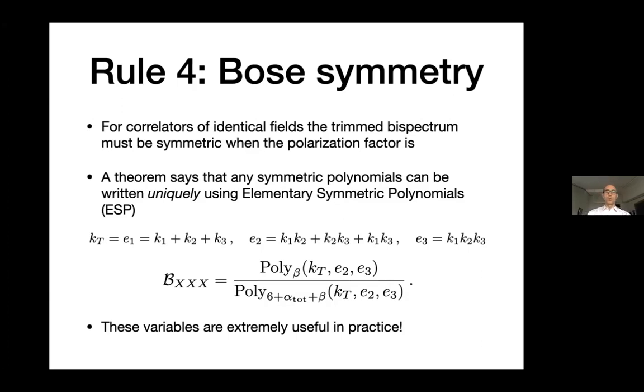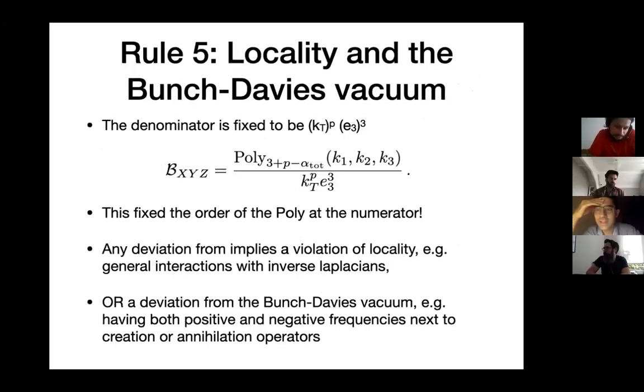And then there are 2 more elementary symmetric polynomials that I'm going to call E2 and E3. And they're just the product of all possible pairs and triplets of momenta. What's important is that the bispectrum can be written in terms of these things in a unique way. It's going to save us a lot of work when we write the result. So even though this is just a silly change of variables, it's actually in practice extremely useful.